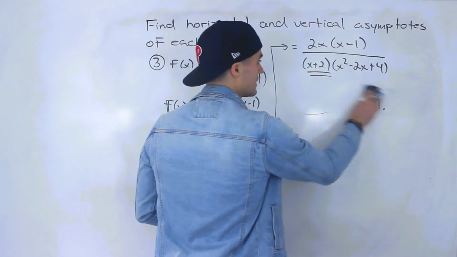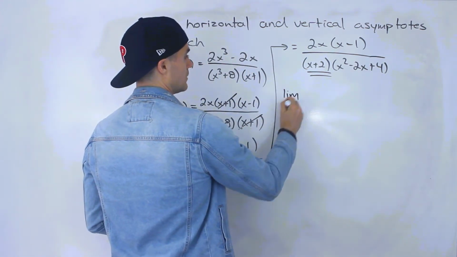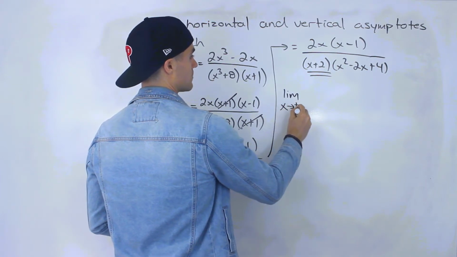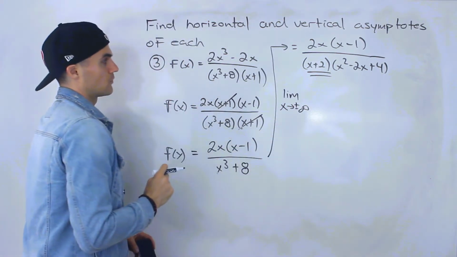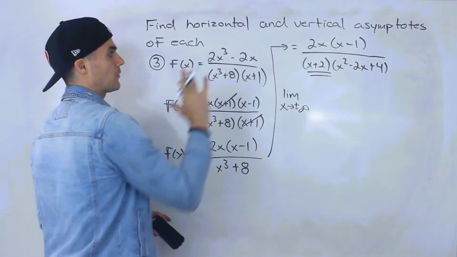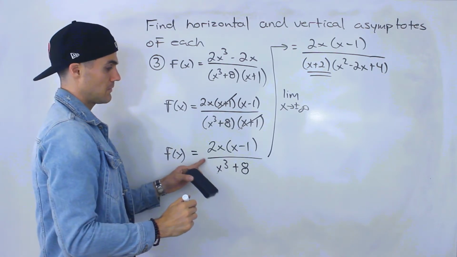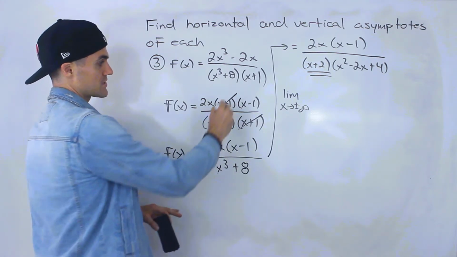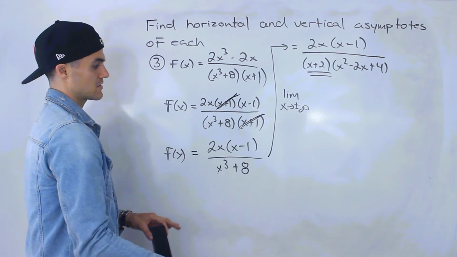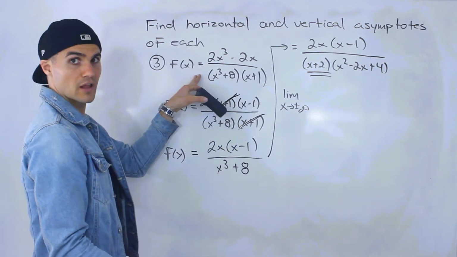Now, what's the horizontal asymptote? So the limit as x approaches plus or minus infinity. Now, a couple of things we can do. We can use this original function that we were given, or we can use this simplified function, which in my opinion is better to use after this x plus 1 cancels out. Because the vertical asymptote for this is going to be the exact same as the vertical asymptote for that.